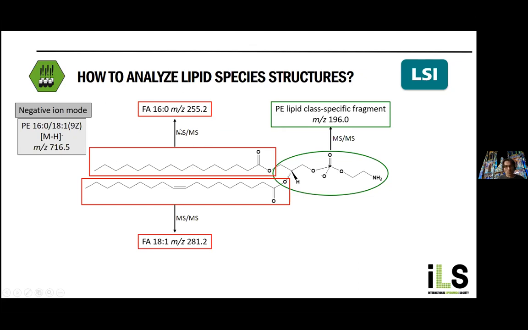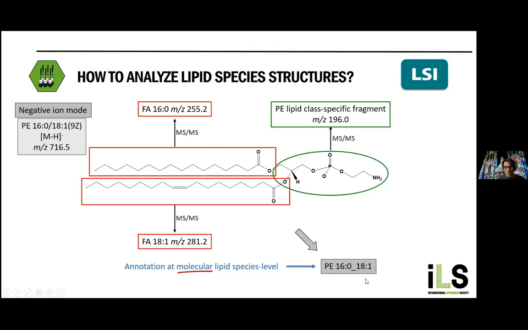Here we have 16:0, which is 255, and then 18:1, which is 281. So having all these three pieces of information, we can annotate at molecular lipid species level. So we know this PE species has a palmitic acid and an oleic acid.